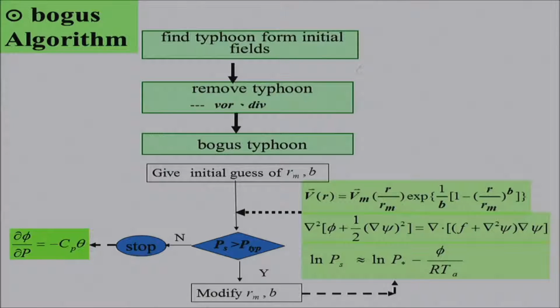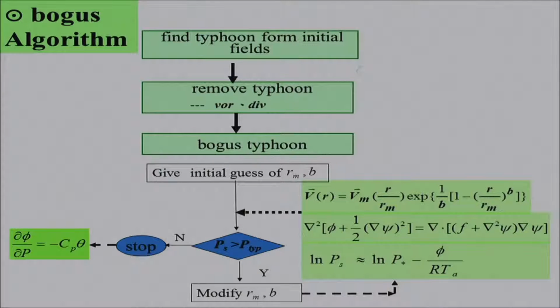So this is the algorithm of the bogus. First we find the typhoon in the initial field, then remove the typhoon, and then do the bogus. How do we do it? Given an initial guess of RM and B, we can use the Rankine vortex to compute the wind profile. Then we solve the nonlinear balance equation to get phi, and then use the hydrostatic equation to estimate the pressure of the typhoon and compare it to the observed central pressure.